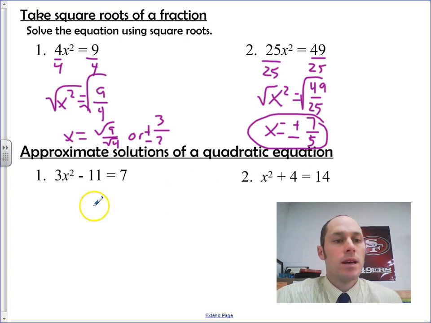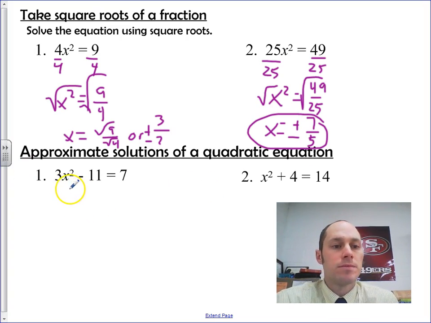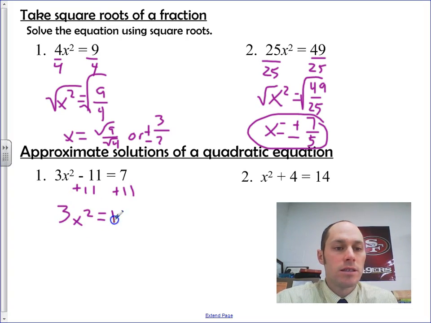Okay? Let's say we're working on number 1. 3x squared minus 11 equals 7. I would add 11 to both sides. And I get 3x squared equals 18. Divide both sides by 3. And I would get x squared equals 6.